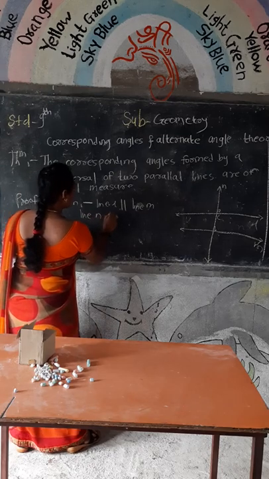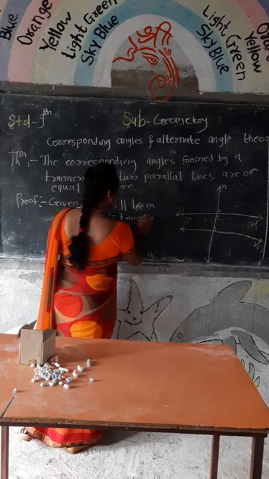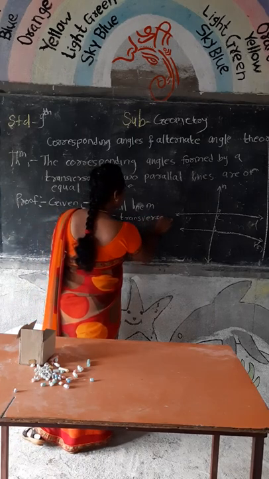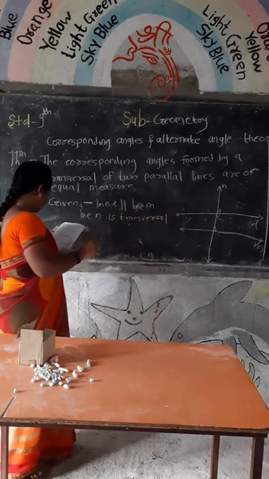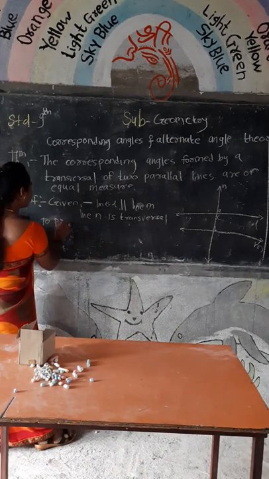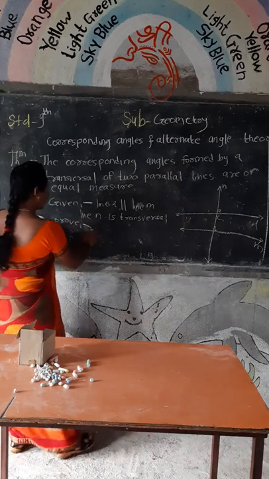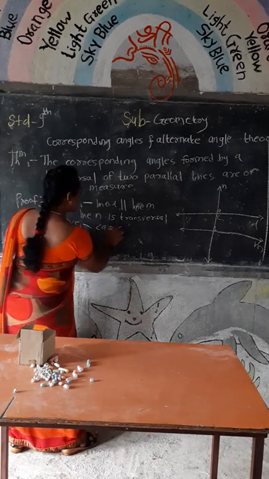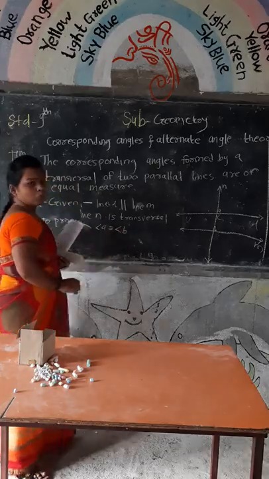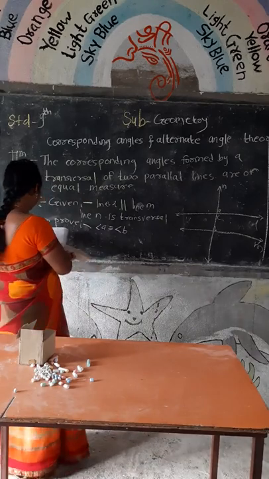We have given line N is a transversal. Then to prove: angle A is equal to angle B.